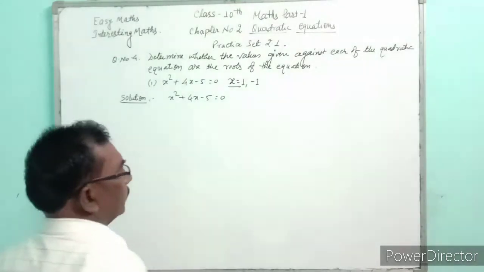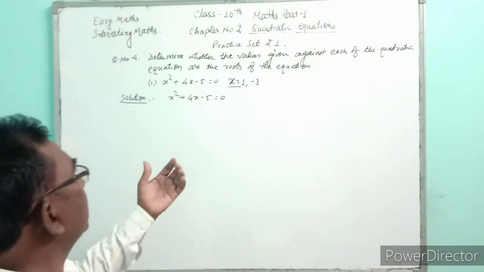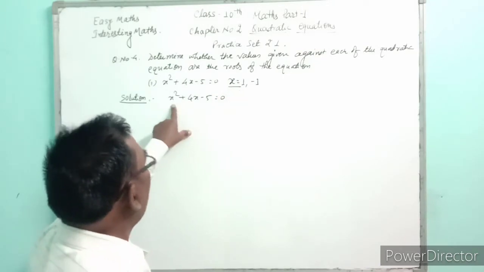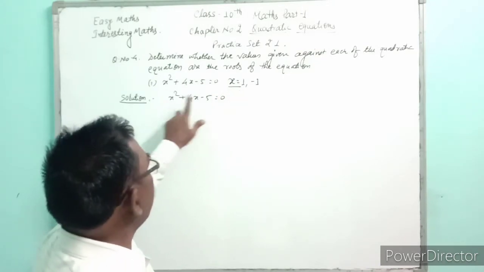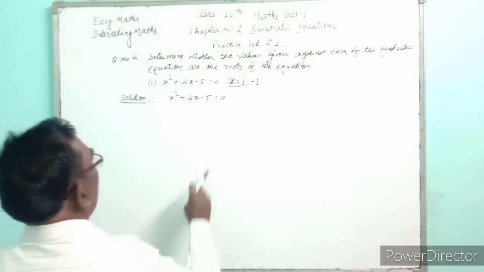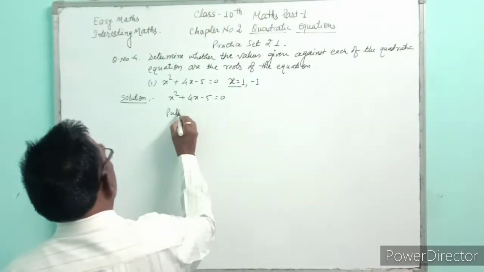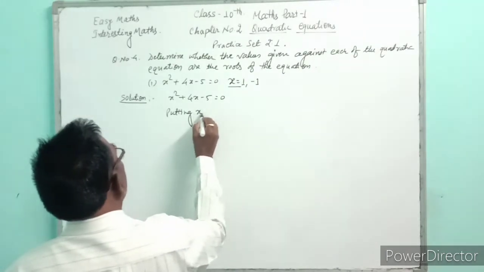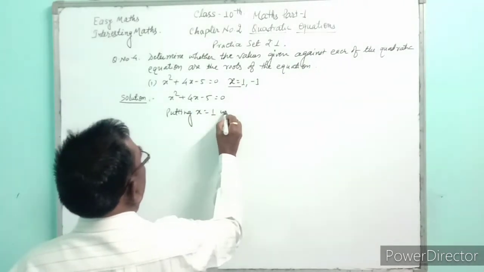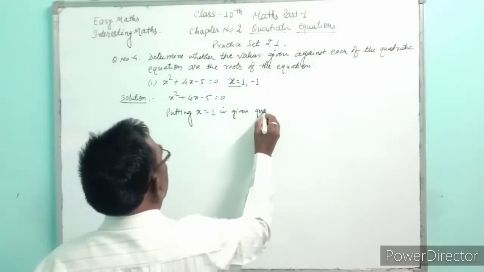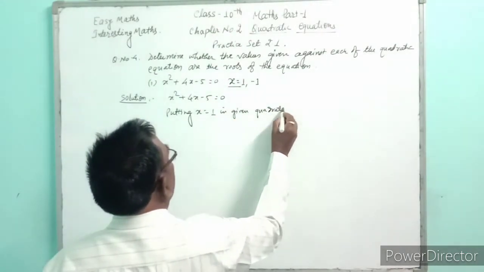We have to check whether x is equal to 1 is a root of this quadratic equation or not. We will put x is equal to 1 in the given quadratic equation.